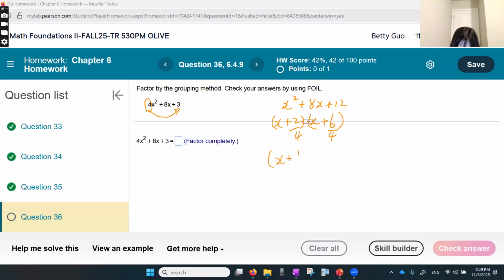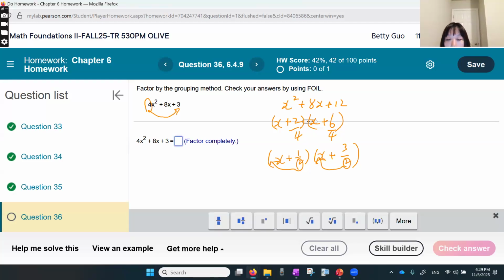Simplify: x plus a half, x plus 3 halves. Bring it back. So 2x plus 1 times 2x plus 3. Parentheses, 2x plus 1, 2x plus 3. Done.